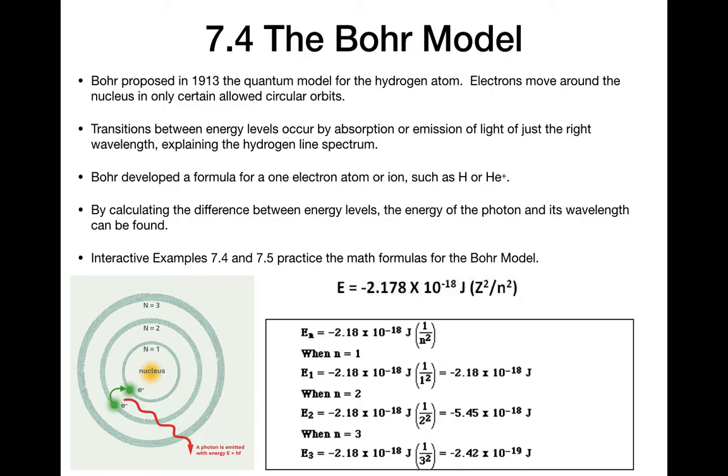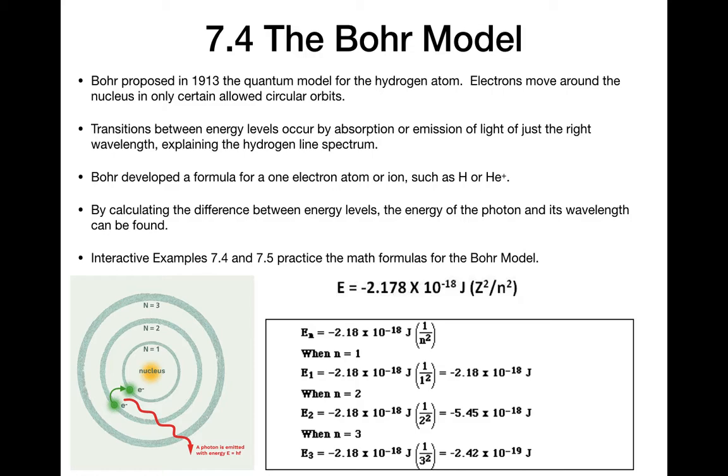So then if I want to know what is the energy of a photon if I move from level 3 to level 1, all I have to do is find the difference between negative 2.42 times 10 to the minus 19 joules and negative 2.18 times 10 to the minus 18 joules. Subtracting those two energies would give me the difference in energy between the two levels, which is the energy of the photon emitted when you drop from the high level to the low level.